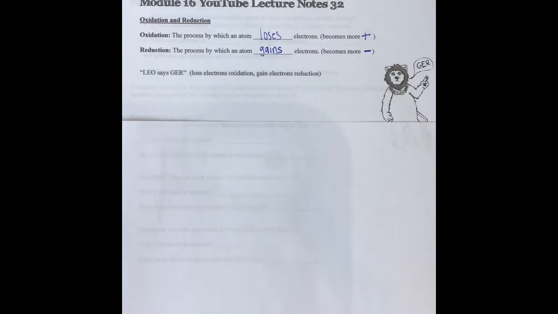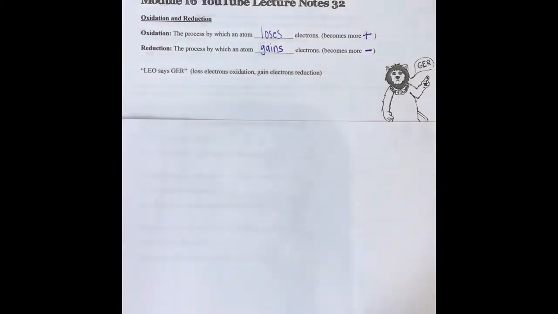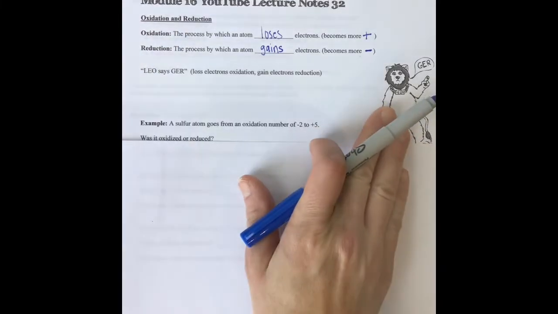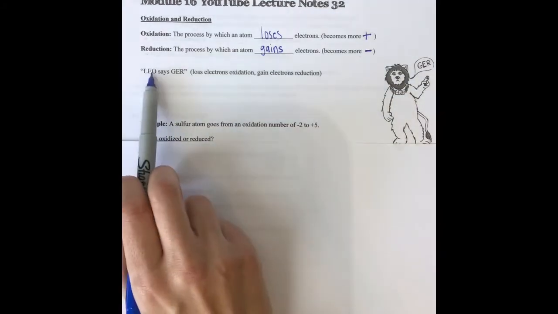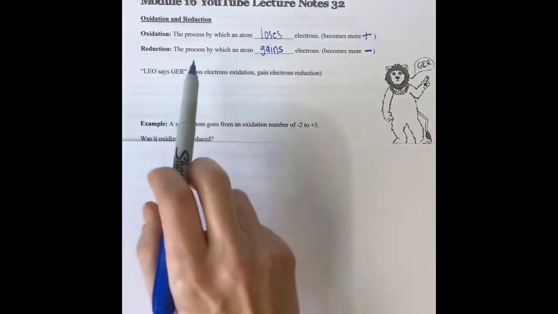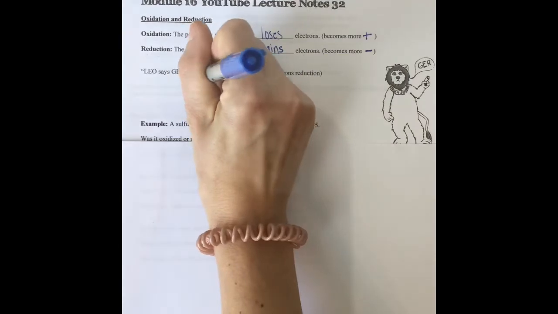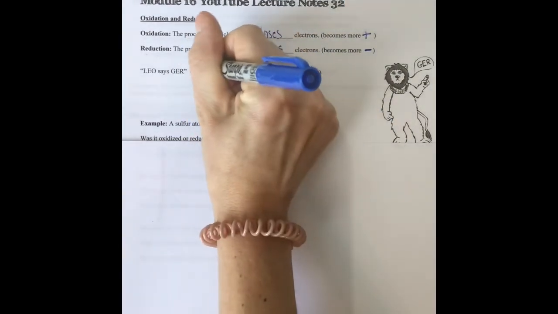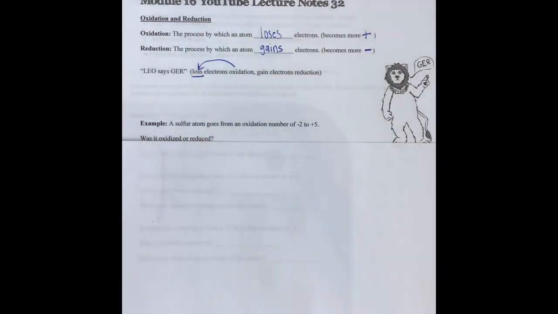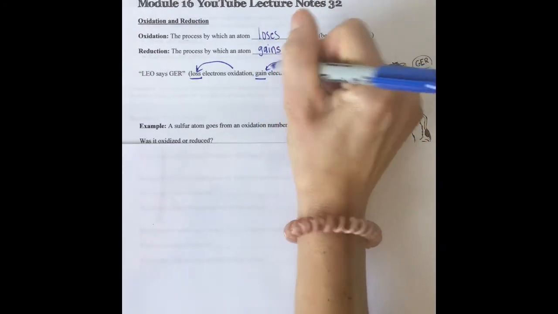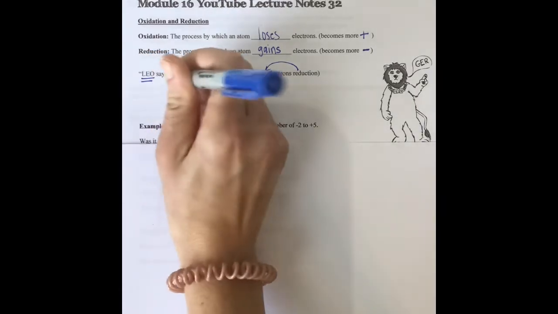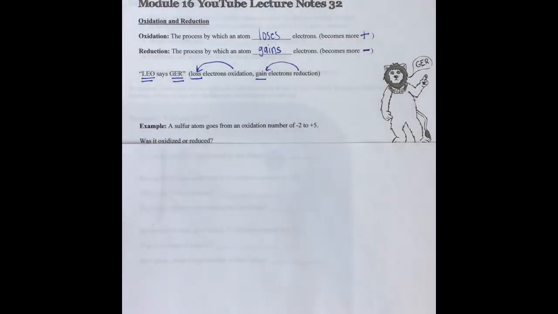Okay, I do have a couple little sayings to help you remember the difference between oxidation and reduction. This is Leo, our lion. He says, grr. Leo says grr. Loss of electrons is oxidation. Gain of electrons is reduction. Leo, grr.